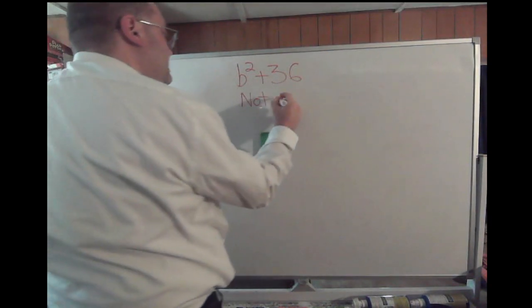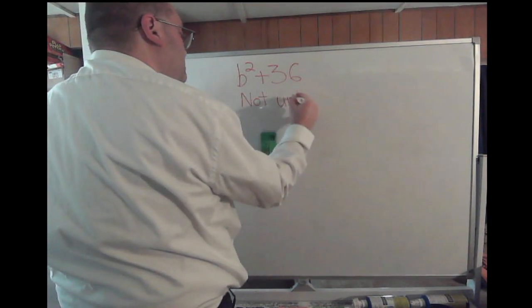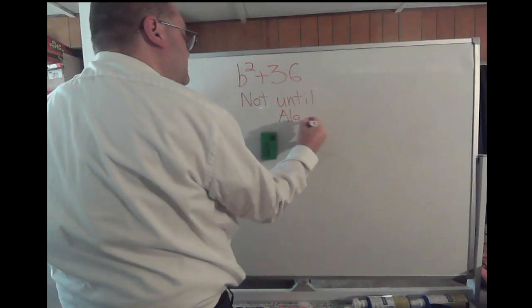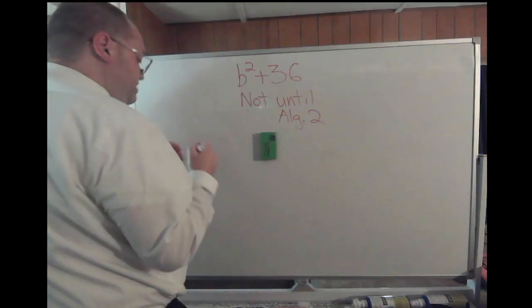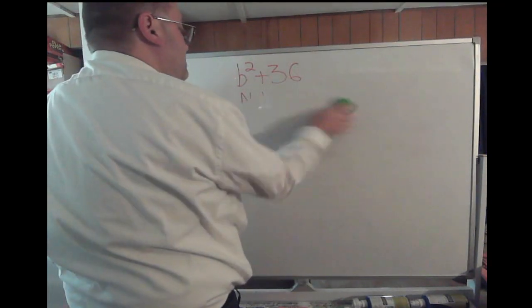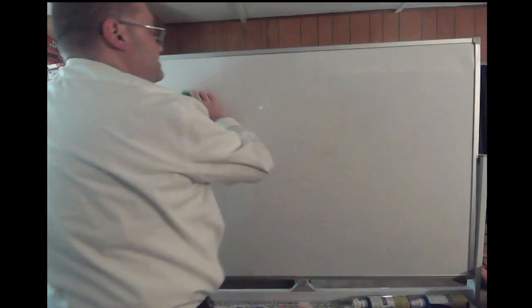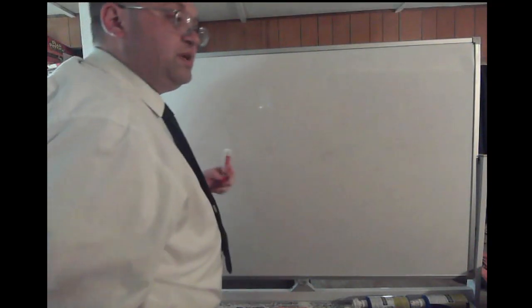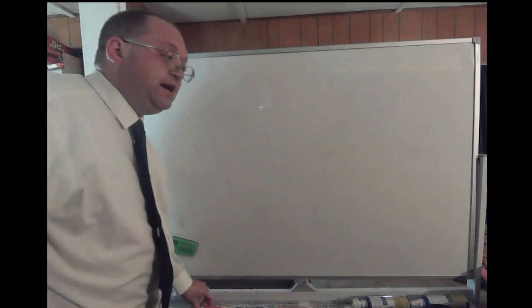So this type of thing we won't learn until Algebra 2. We won't do the sum of two squares. That's when we learn imaginary numbers, in Algebra 2. So for now, if you come across the sum of two squares, there's no answer for it, for now at least.